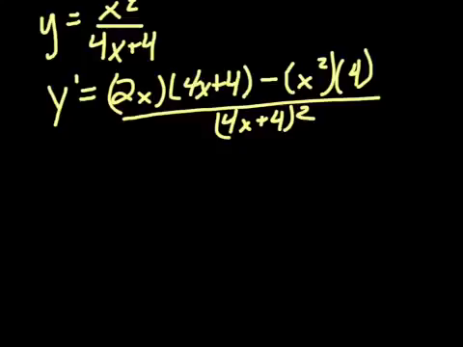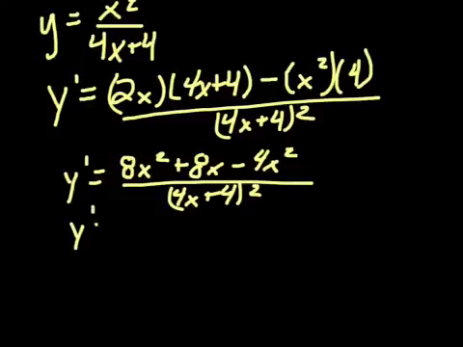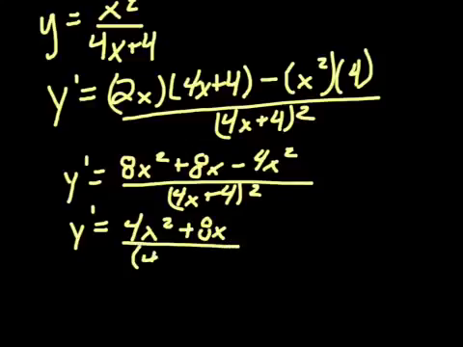From there, we can simplify. So then we get 8x squared plus 8x minus 4x squared over 4x plus 4 squared. And then we can simplify even further, and we'll get 4x squared plus 8x over 4x plus 4 squared.